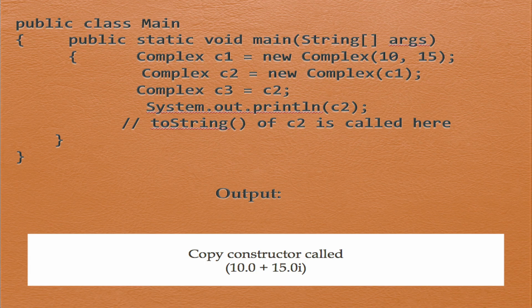Now see another object of the same class, Complex c2 = new Complex(c1). Here we are passing the previous object c1 as the argument. So c1 will be transferred to c in the other constructor, Complex(Complex c), and there again the same statements, re = c.re and im = c.im. The third line is Complex c3 = c2. The same statement can be written as Complex c2 = c1 as well, and for the third, Complex c3 = new Complex(c2), with c2 inside the brackets.